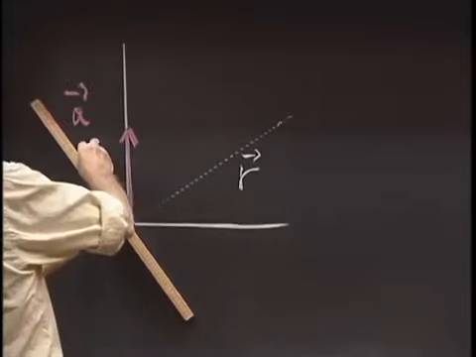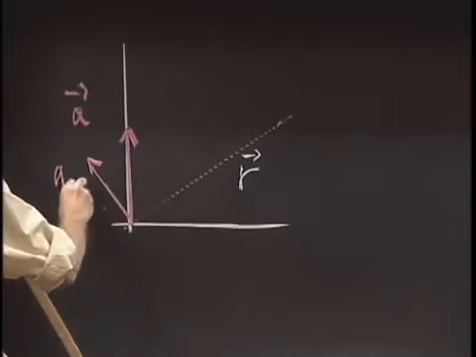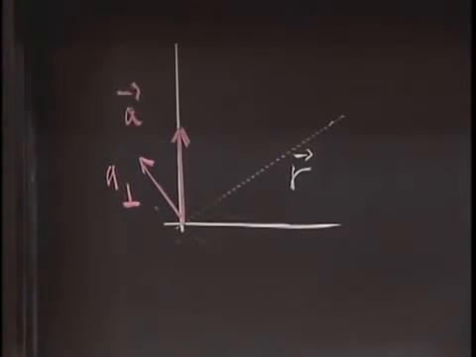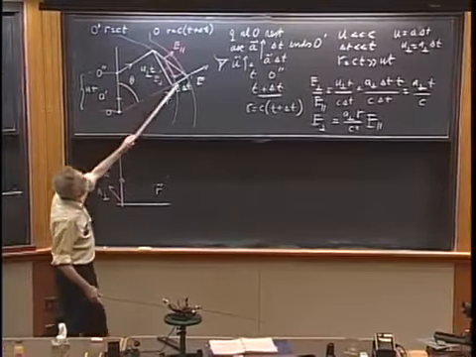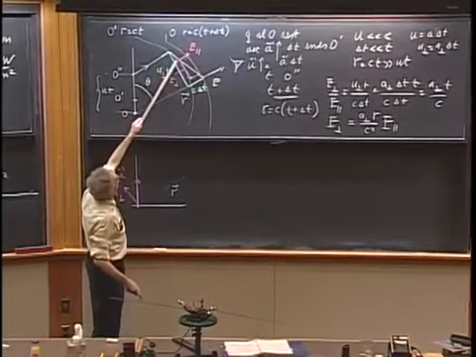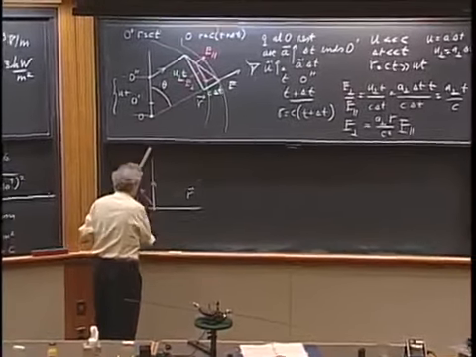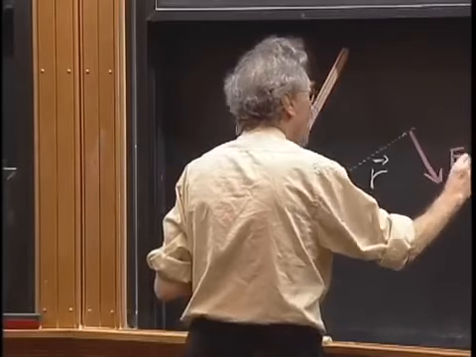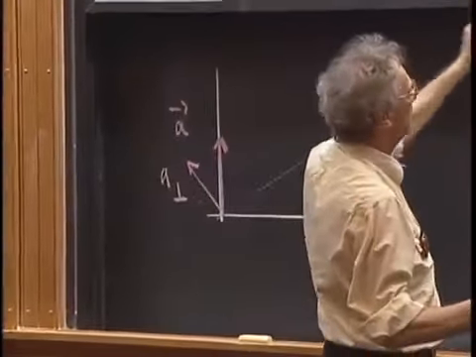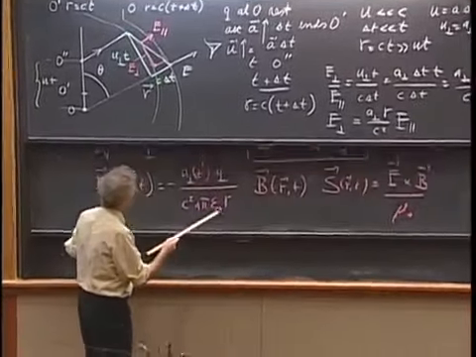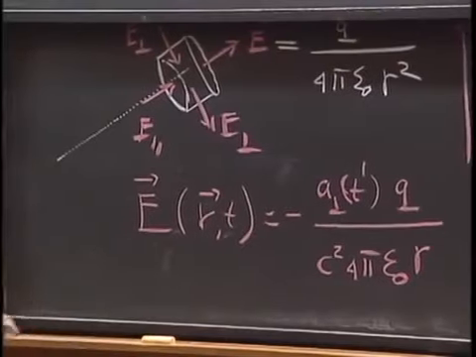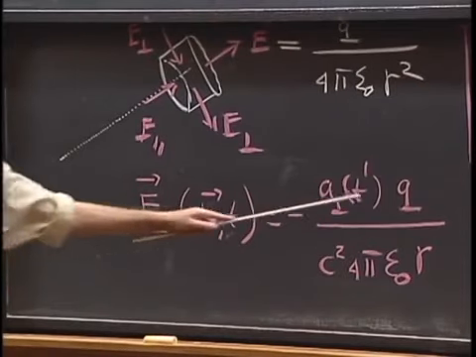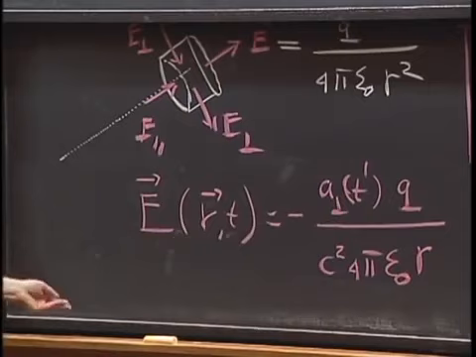So then this would be A perpendicular. And if the charge is positive, which I have chosen here because look, the field lines go away, then the E vector perpendicular is in this direction, like so. And that is the reason for that minus sign. Namely, if Q is positive, then E is in the opposite direction of A perpendicular. If Q is negative, then it is in the same direction.